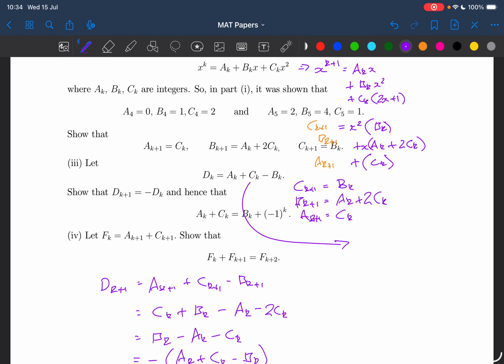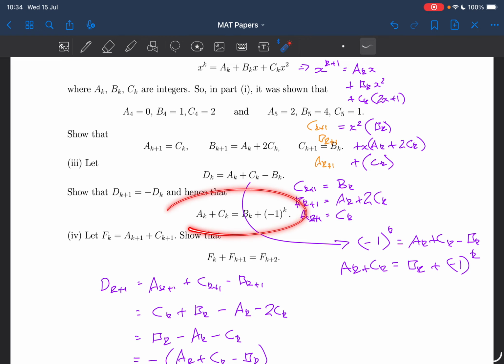So minus 1 to the power k is equal to ak plus ck minus bk. So rearranging that for what we want, ak plus ck is equal to bk plus minus 1 all to the power of k. That looks good.